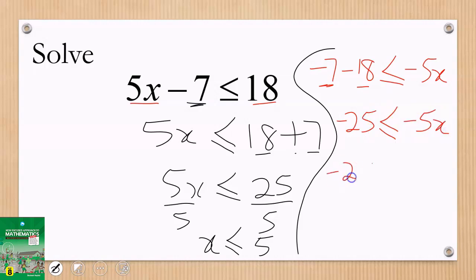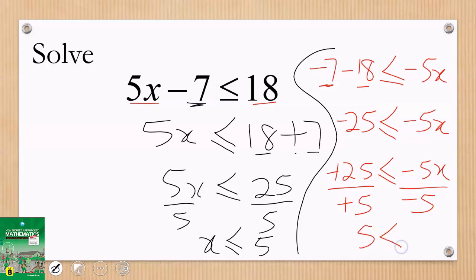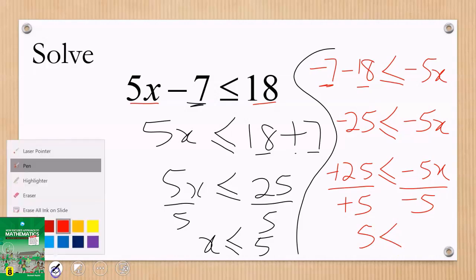Now, with our negative 25, we are going to divide both sides by negative 5. In doing so, our answer will be 5 less than, because we are dividing by a negative, we change the symbol.